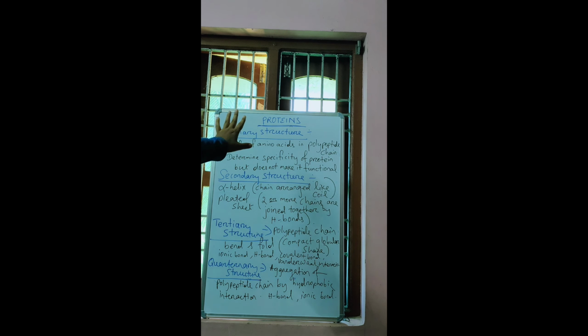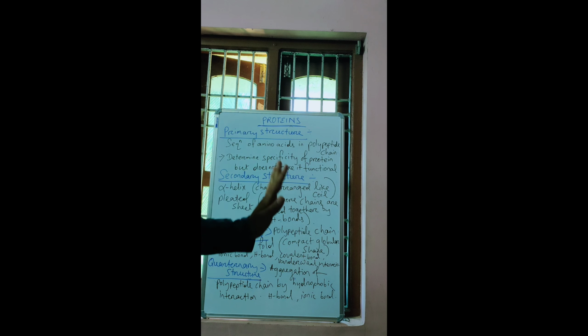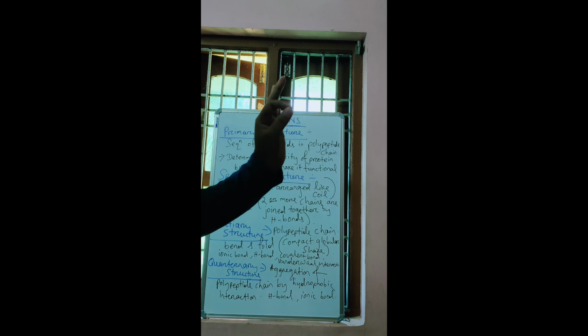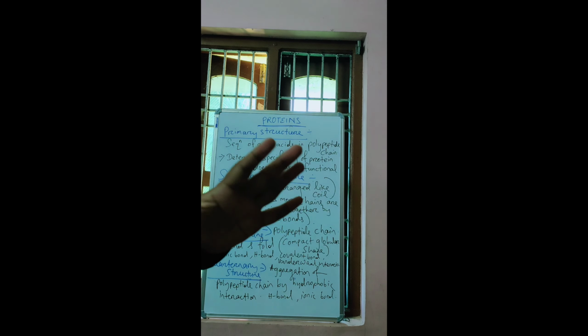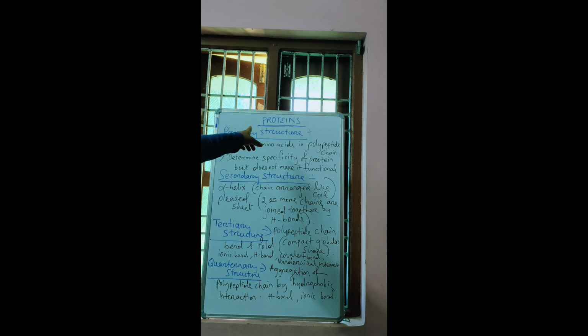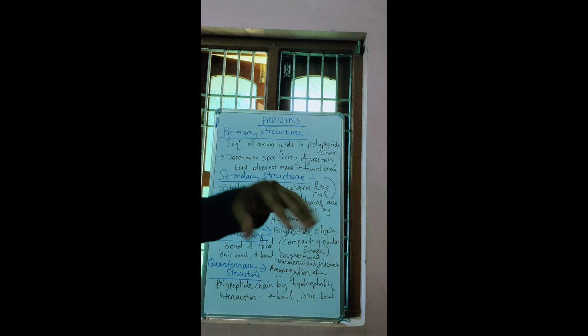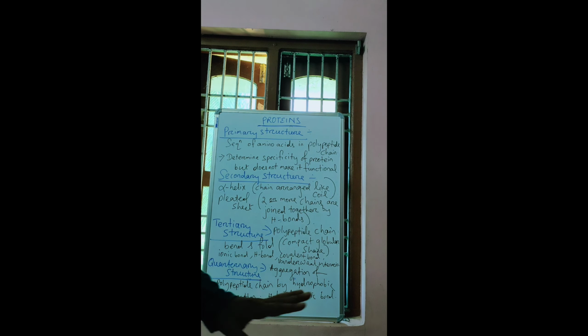This primary structure determines the specificity of the proteins but does not make it functional, because for function a 3D structure is essential, and this primary structure does not show any 3D structure, so it does not make the protein functional.